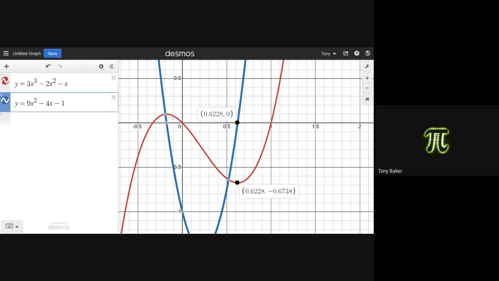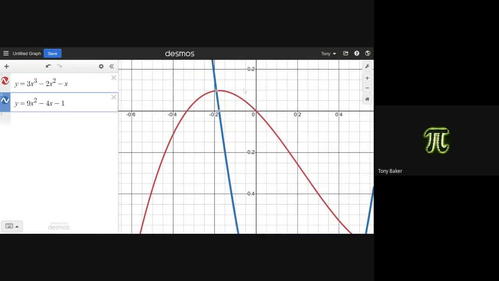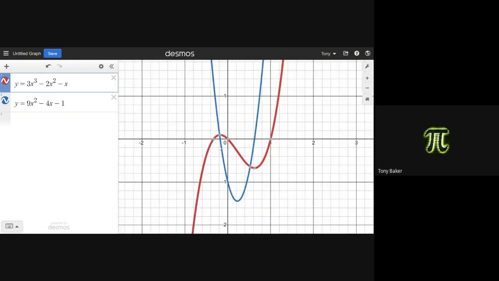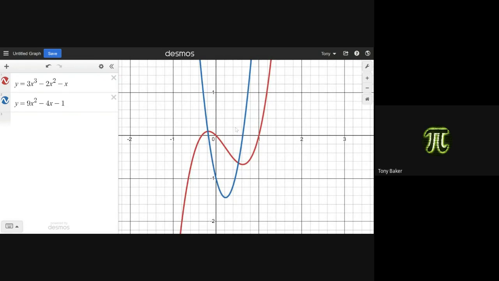I have a maximum there. And again, that's where my derivative crosses 0. Those values are known as my critical numbers, which we're going to talk about in a little bit.